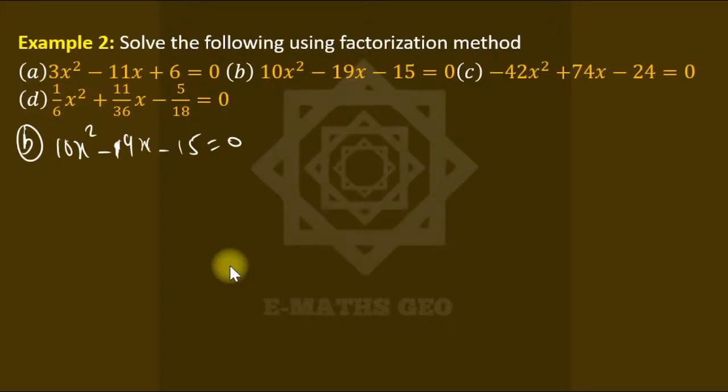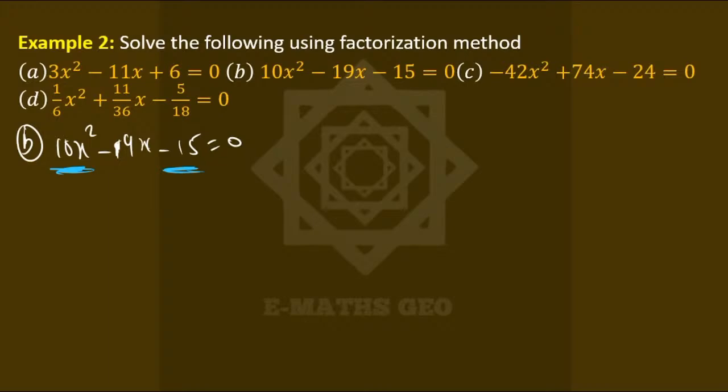We won't be wasting unnecessary time. So now, how do I do that? I will look at the coefficient, the 10x squared and the constant, the two numbers, and I will create two factors for each of them.